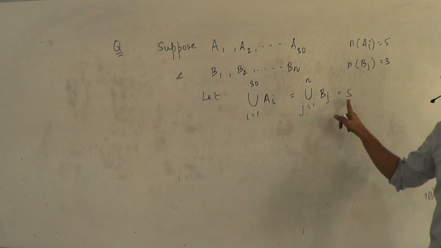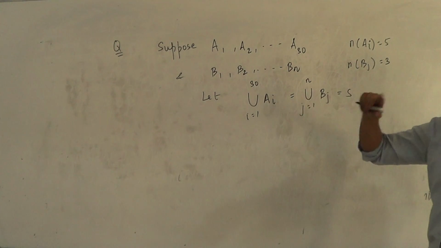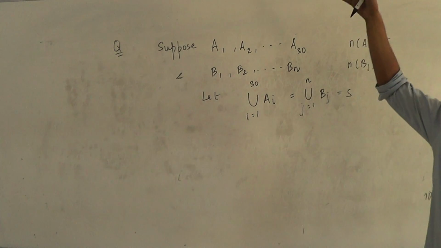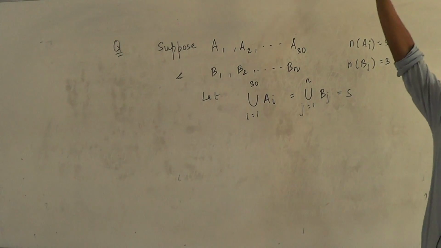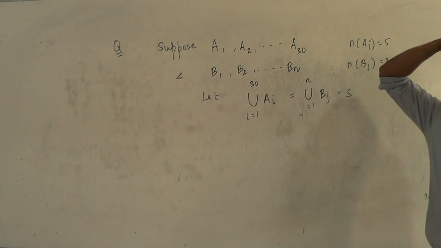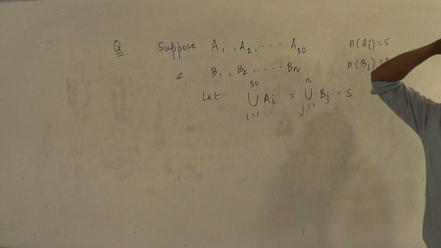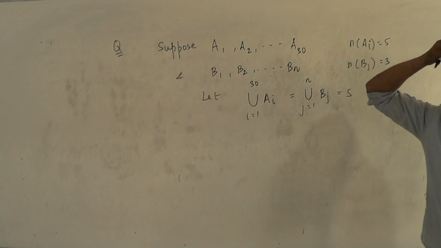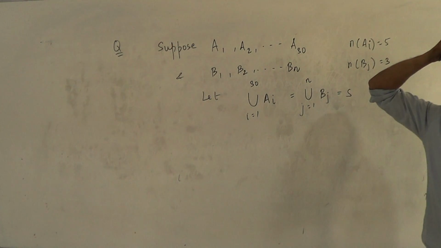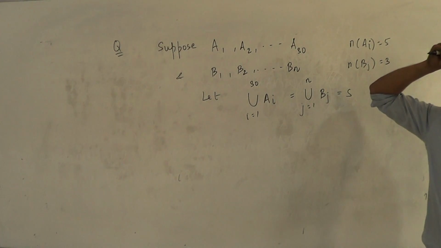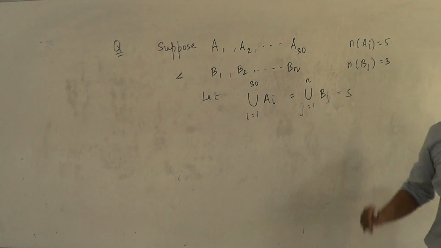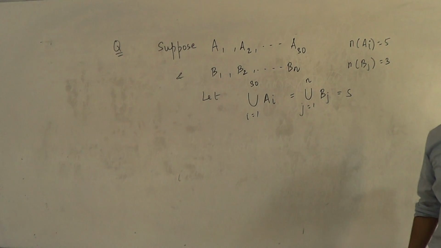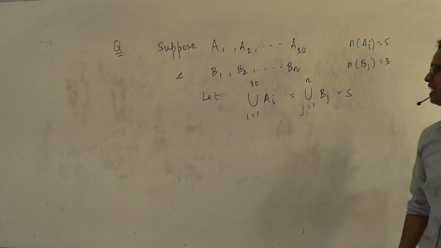It will be found in exactly 10 of the Ai's, meaning it may be A1, A2, A5, A7, A18, like that, 10 of them. And it is found in exactly 9 of the Bj's. So then find it.